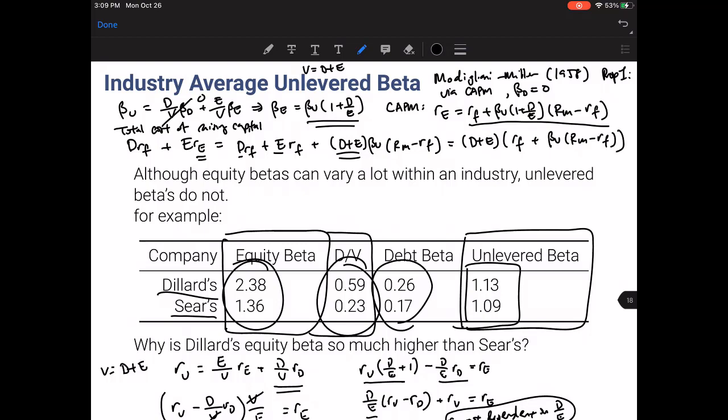So what this equation tells us is that no matter how much we borrow from debt and how much we borrow from equity, our marginal cost is the same for borrowing debt or equity. In fact, the ratio of D over E doesn't appear in our expression.